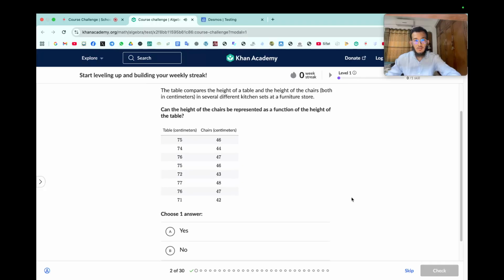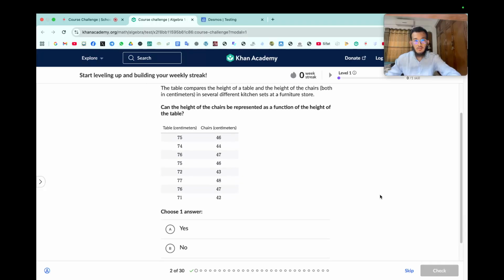Okay, so now we have the table that compares the height of a table and the height of the chairs, both in centimeters, in several different kitchen sets at a furniture store. Can the height of the chairs be represented as a function of the height of the table?